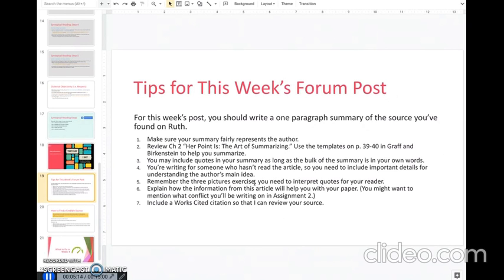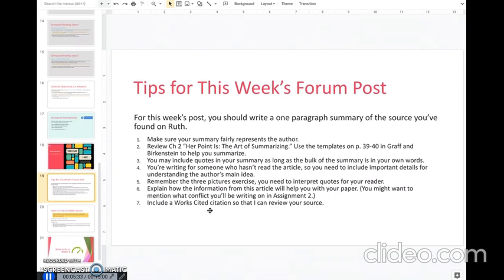In other words, how do you want us to interpret the information in this summary? How do you want us to view it? And in order for us to do that, you may have to explain to us what your central conflict is going to be in the Book of Ruth, and how you see this article helping you with your paper.